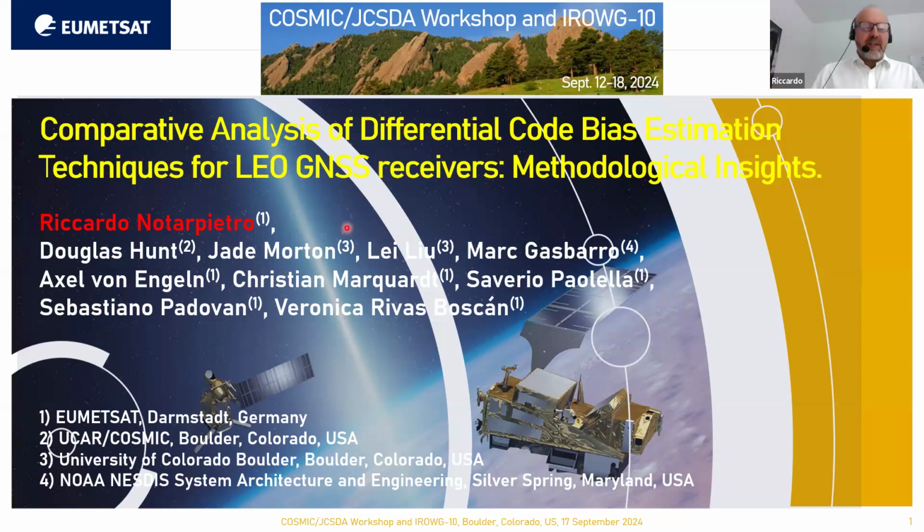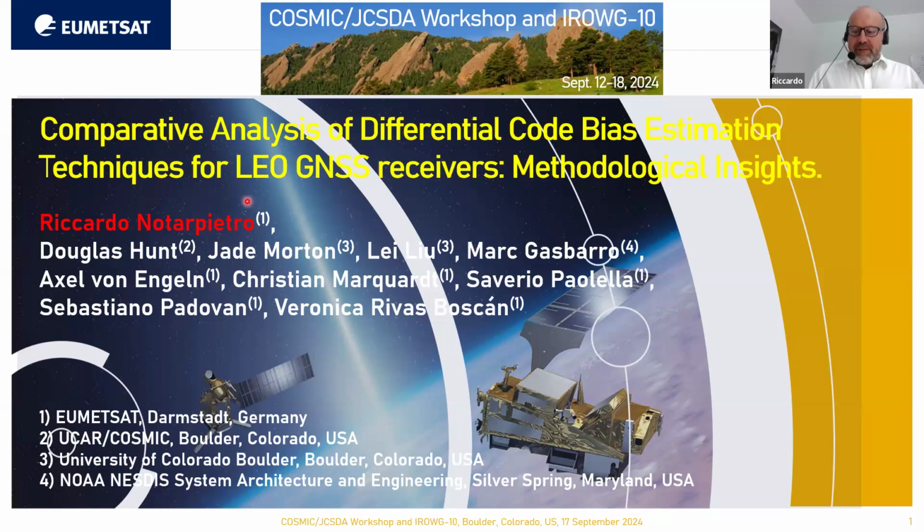But the problem is that the receiver DCB should be estimated as part of the total electron content computation. And unfortunately, this is strongly sensitive, as I'm going to show you, to the data selection and to the algorithm we are selecting. And so this is mainly the rationale of my talk.